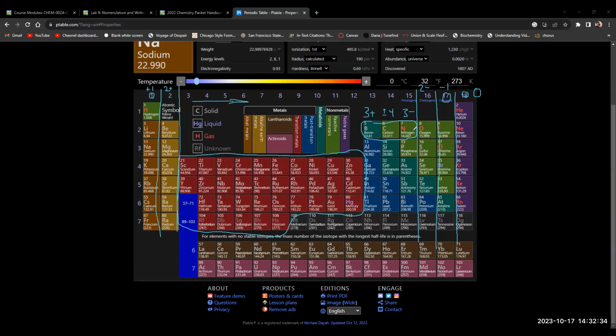But for this class, we won't get into the diciness of carbon when it comes to charges. But this is more or less the rules. This is how they're charged. So again, I would write this in your notes. If you printed out your packet that you use on the exam, I would write it down on the periodic tables themselves.